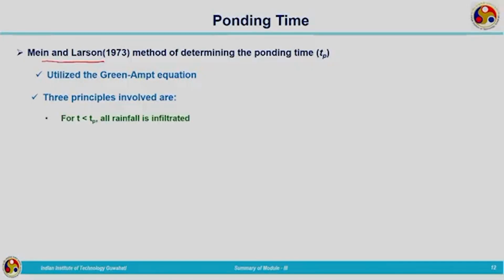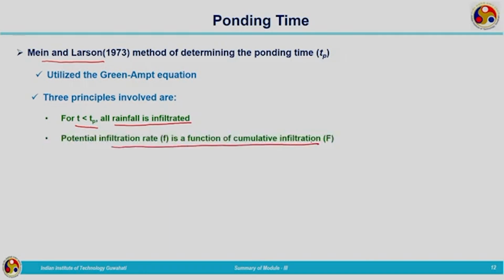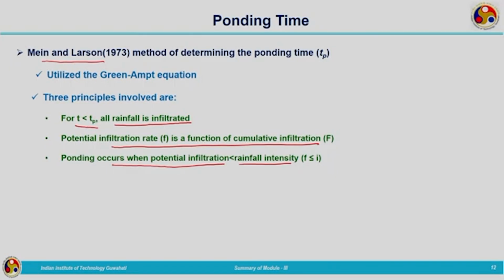Three principles were considered: when time is less than ponding time, the entire water is infiltrated; the potential infiltration rate is a function of cumulative infiltration, as we have seen in the Green-Ampt expression for infiltration rate and cumulative infiltration, that is, small f is a function of capital F; and ponding occurs when potential infiltration is less than rainfall intensity, that is f is less than I.